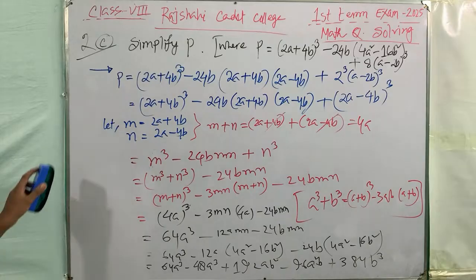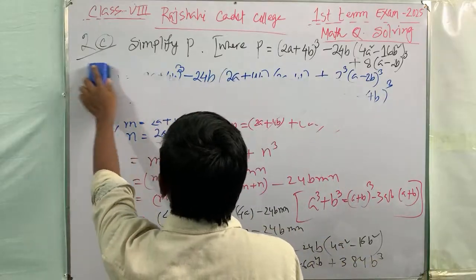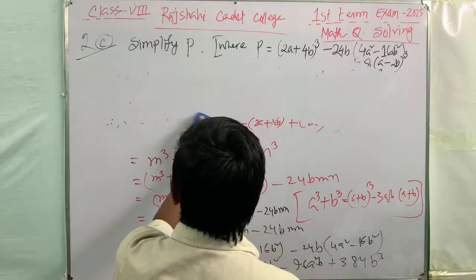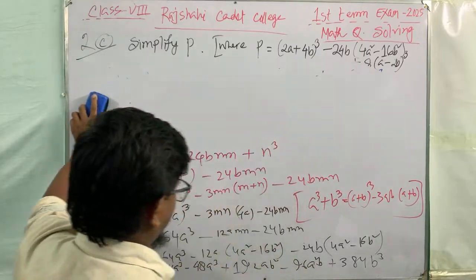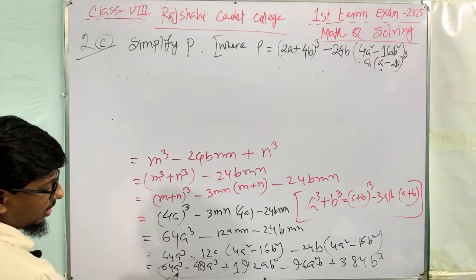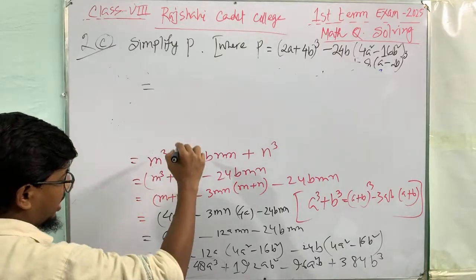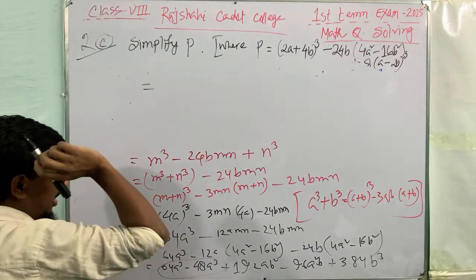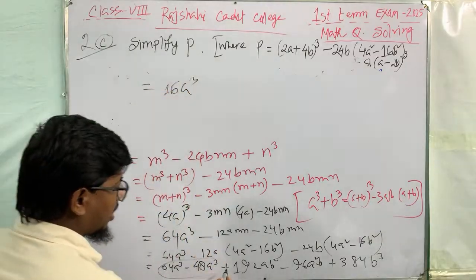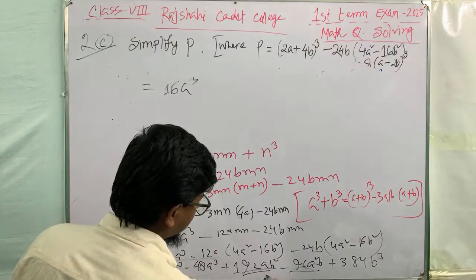Okay, so we are almost done. I would need some space. Okay, so what do we have here? We have 64 a to the power 3 minus 48 a to the power 3. So 64 minus 48 is basically 16 a to the power 3. We can't do anything about these things.